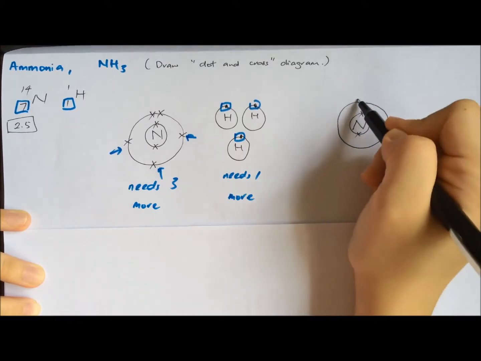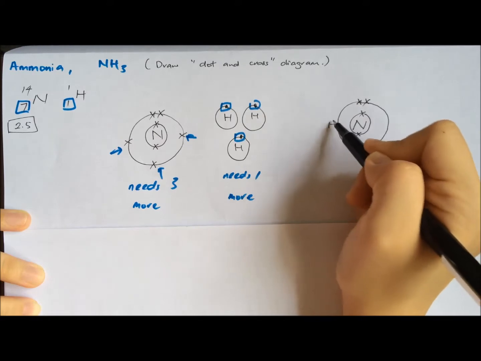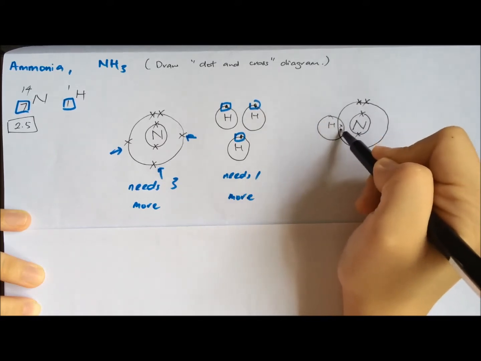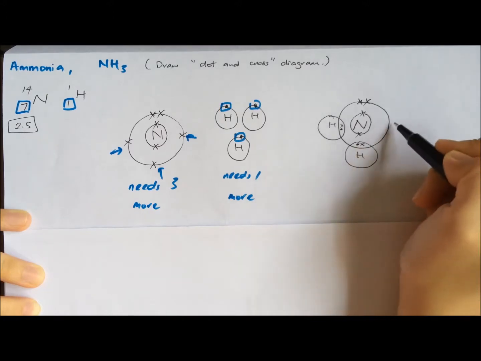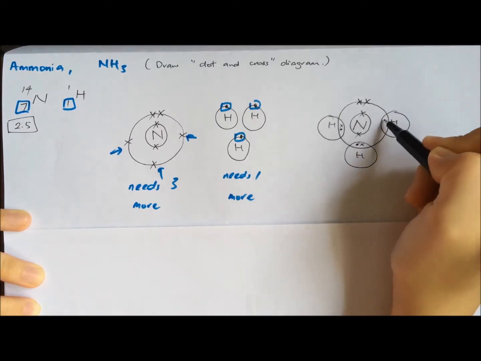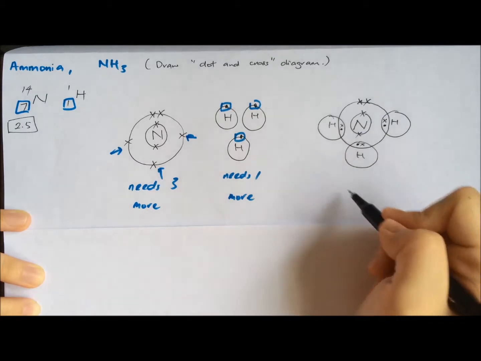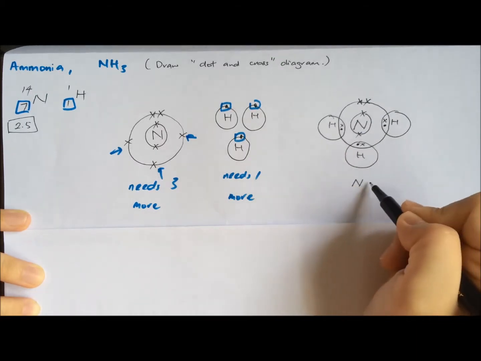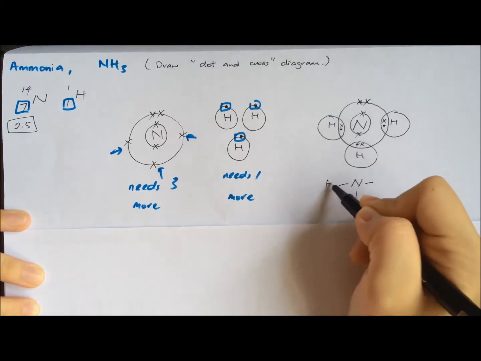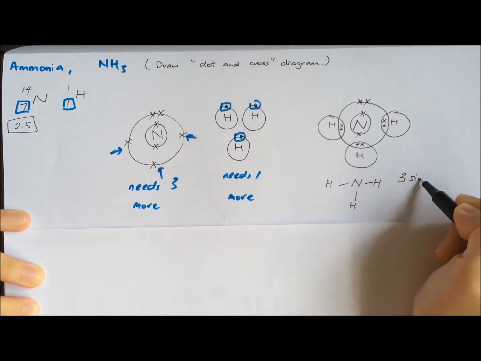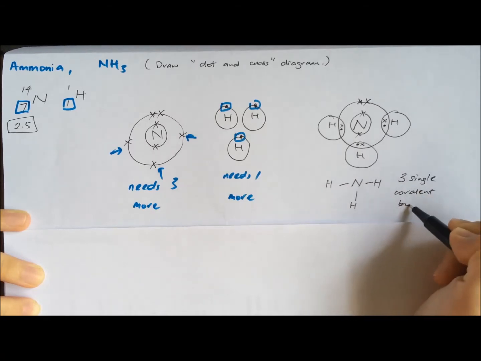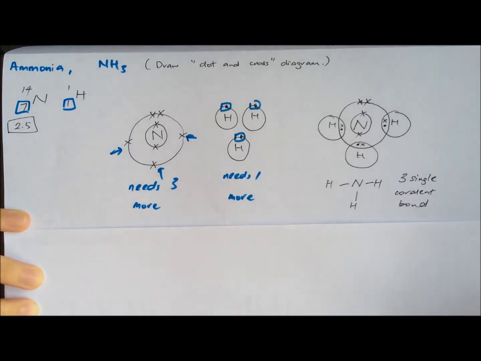Now we draw our second shell with the pair of electrons. Then we draw in our 3 hydrogen, sharing 1 dot, 1 cross. So if you look at nitrogen, now the second shell is completely filled with 8 electrons, and hydrogen has 2 electrons each. So we have 3 single covalent bonds in ammonia.